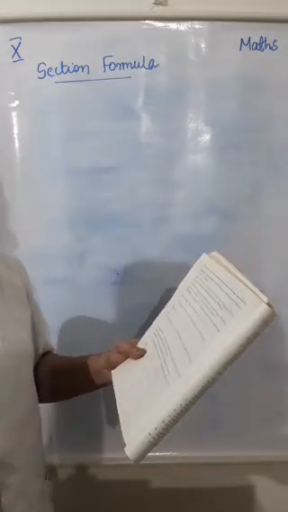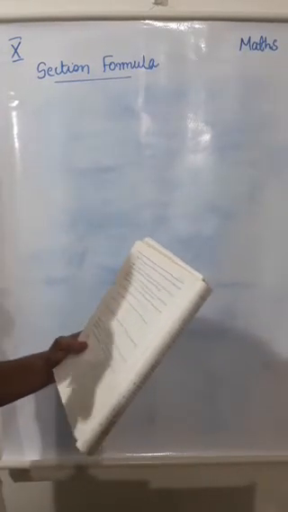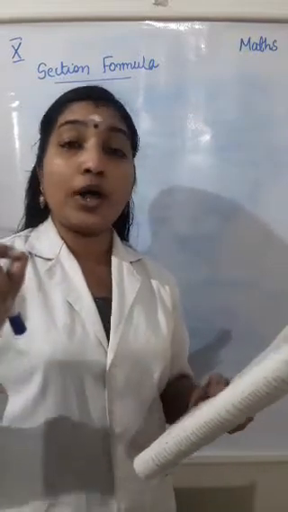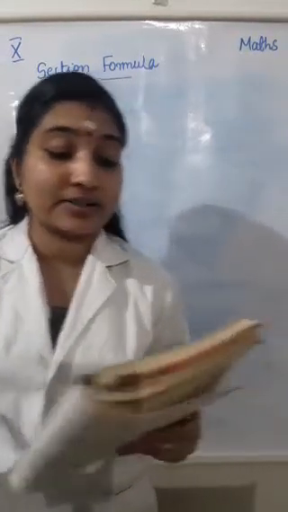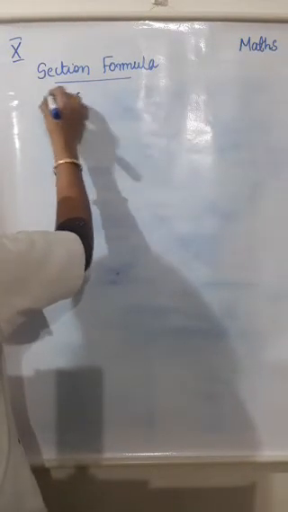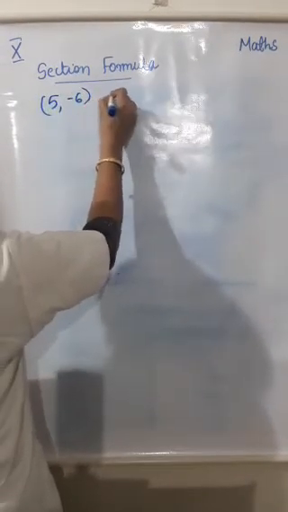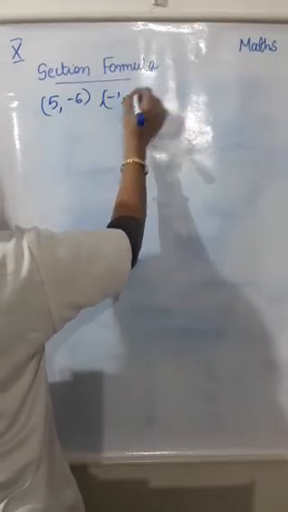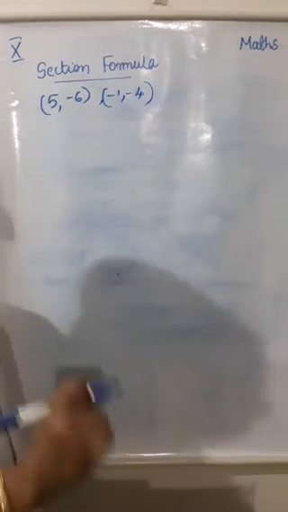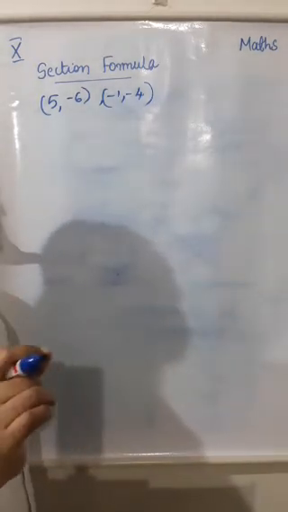Also find the point of intersection. First we need to find the point on the y-axis which divides the line segment joining (5, -6) and (-1, -4). We need to find that point.